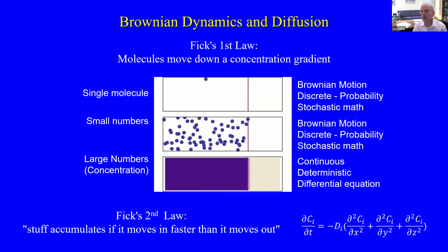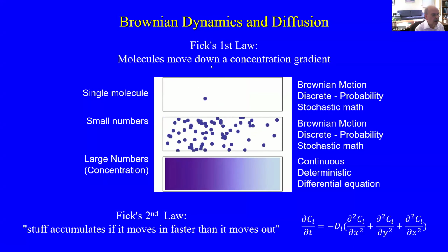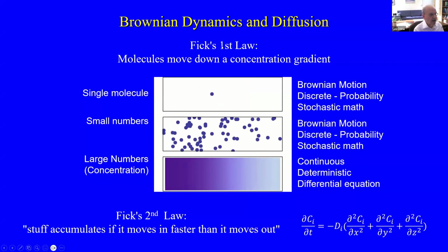And likewise, if they're moving out of a region faster than they move in, then they'll start going down in that region. And you can kind of see that if you look at the barrier, stuff is moving into the region to the right of the barrier, and it's moving out of the region to the left of the barrier because of the second derivative of the concentration with respect to X in this situation.